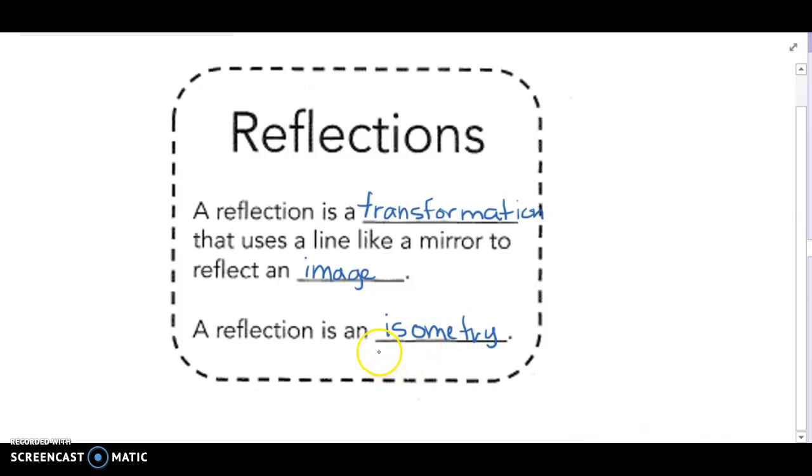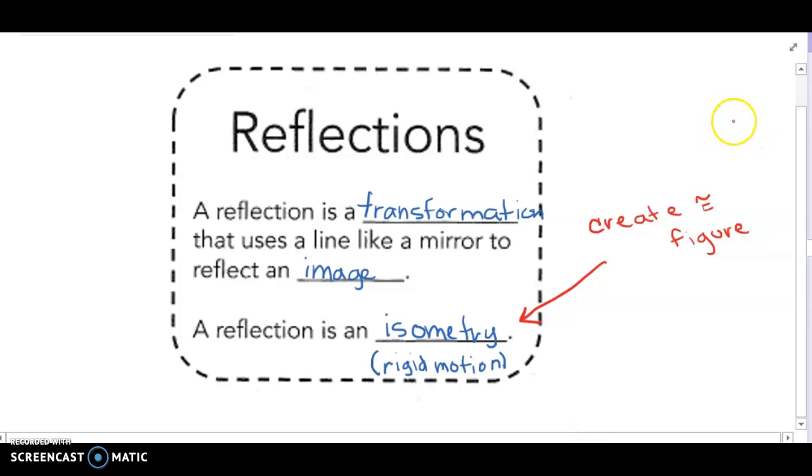Our book also calls that a rigid motion. And remember what those mean is just they create congruent figures. So all that means by a rigid motion or an isometry is that it doesn't change the shape or the size of the figure.